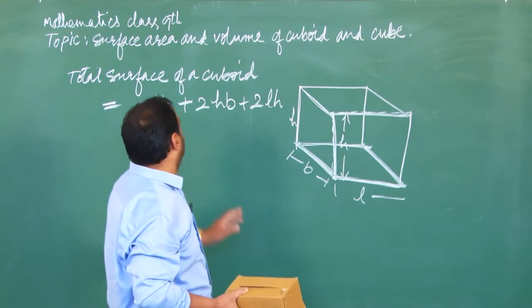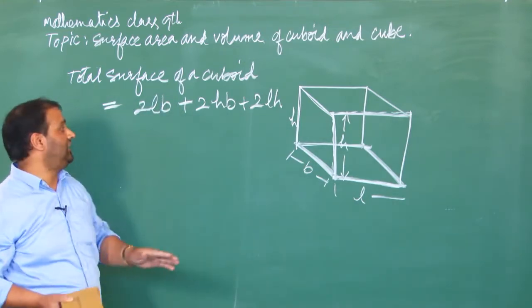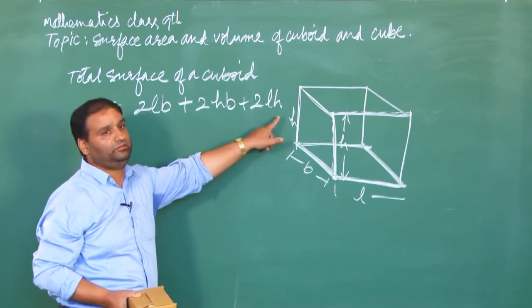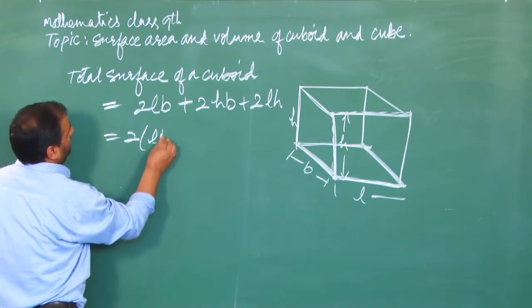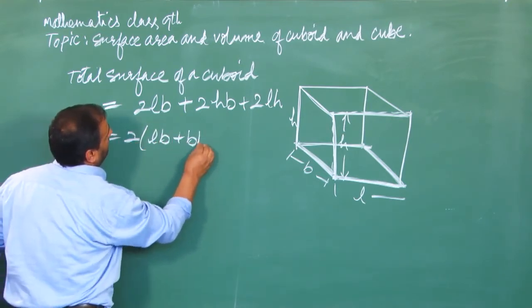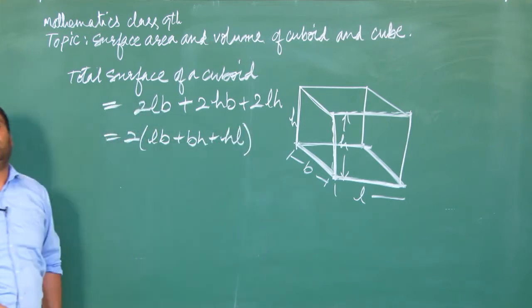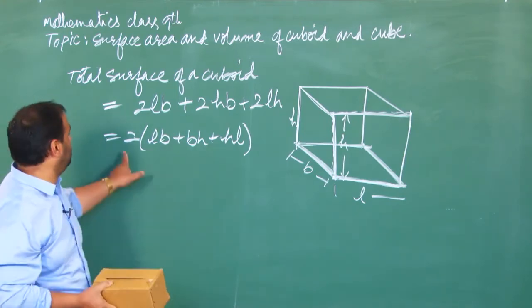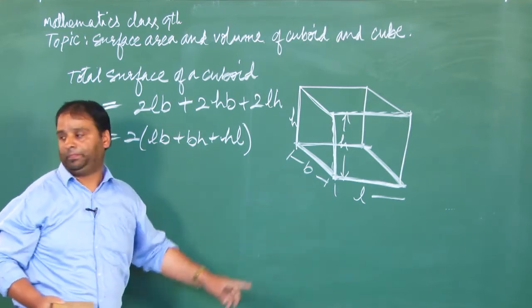So, the total area of these rectangles is twice length breadth, twice height breadth and twice length height. If we take 2 as common, it will give length breadth, breadth height and height length. And the total surface area of the cuboid is twice length into breadth plus breadth into height plus height into length.